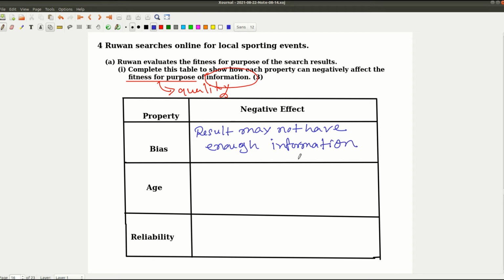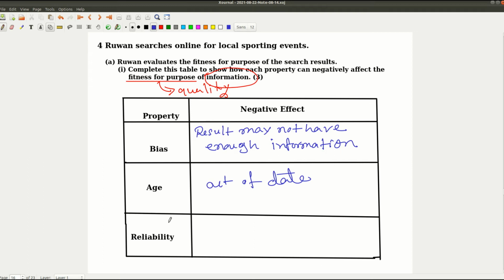The other thing is age. Age means it can be outdated, right? They don't even mention the date, so you think maybe it will happen in future, but it can be outdated information, because when you search on the internet you will see so much outdated information. So it can be out of date.